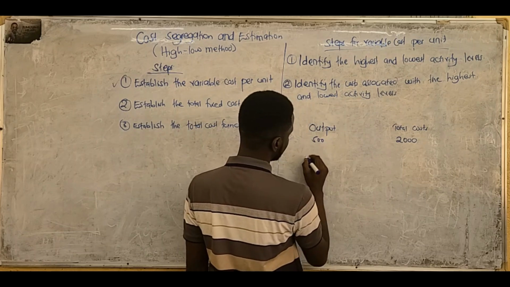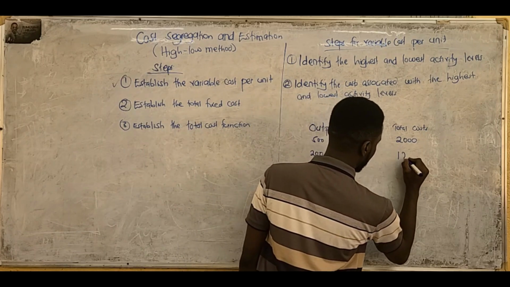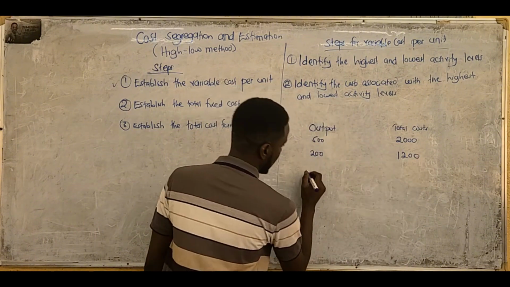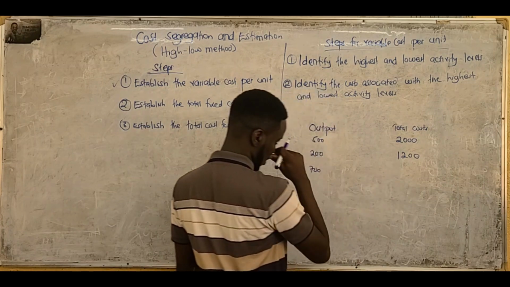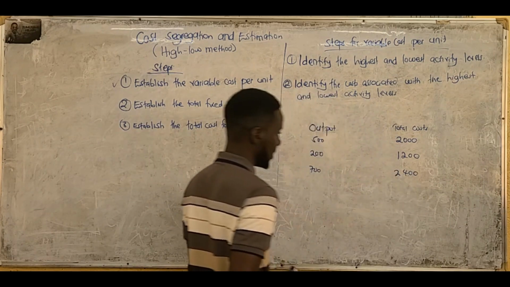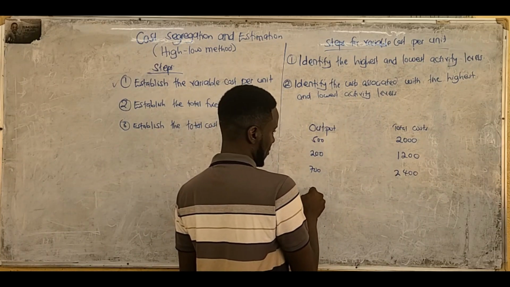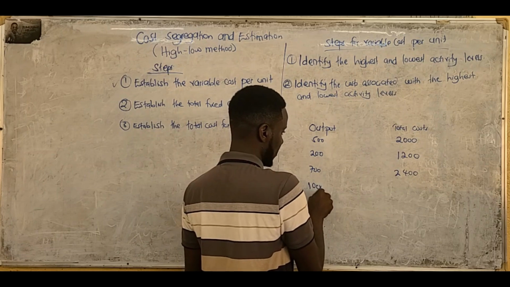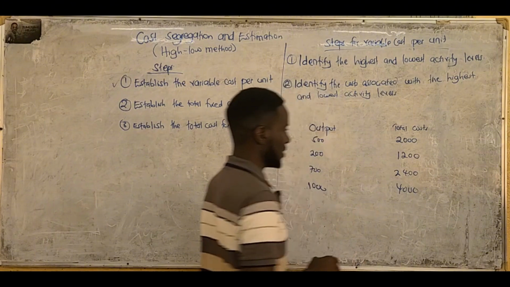Then we can have output as 200, and our total cost is 1200. We can have 700, and our total cost probably could be 2400. Then last we could have, let me say, 1000, and our total cost is 4,000.